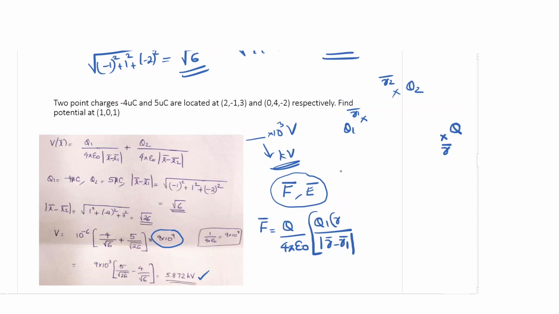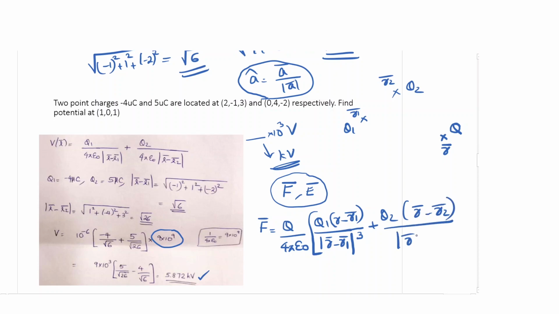So unit vector A is equal to the whole vector A divided by magnitude of A. So this is the simple relation which you know. Based on that you can write vector R minus R1 divided by this modulus. So square into one more term, so this will be cube, plus Q2 into vector R minus R2 divided by modulus of vector R minus R2 the whole cube. So it will be like this.